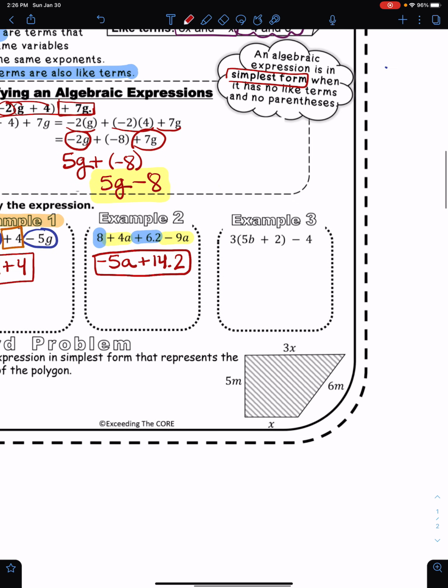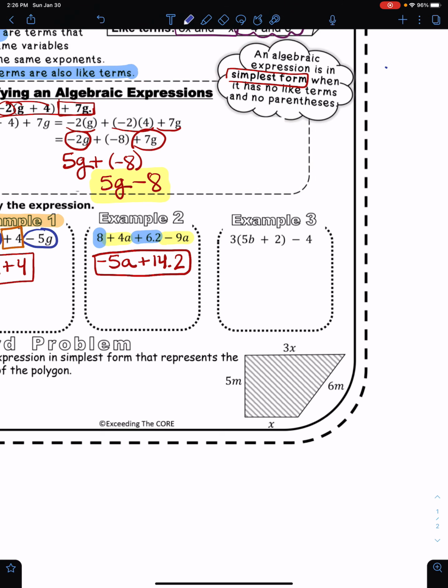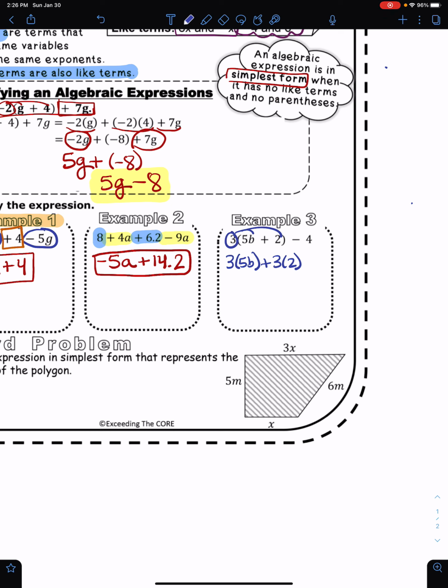And the last example has some distributing. So it's like the first example that they started for us. We're going to take the 3 and distribute it through the parentheses. So we're going to have 3 times 5b plus 3 times 2. And we're not going to multiply 3 times -4 because the -4 is not inside the parentheses, but we don't want to forget about it.